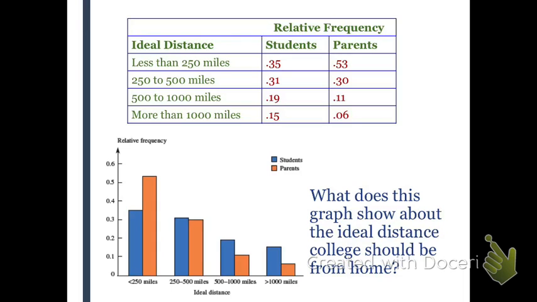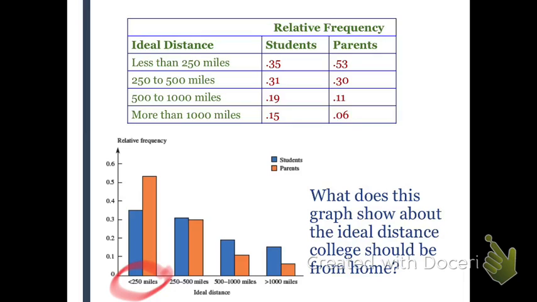I'm going to take the first category, parents and students who like less than 250 miles. So I could say more parents prefer students to stay close to home. More parents prefer less than 250 miles than students, yes.